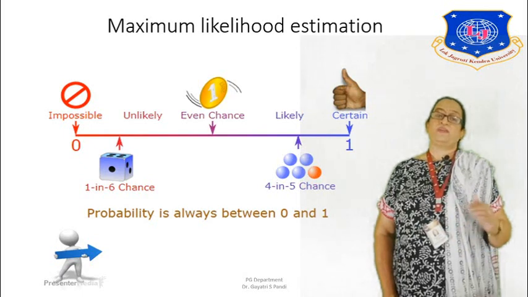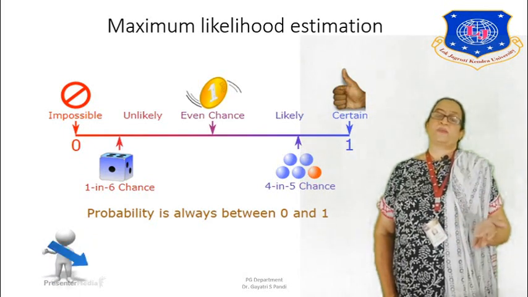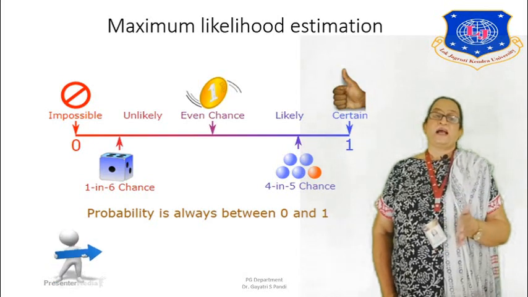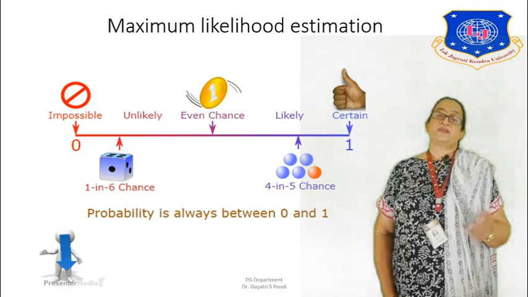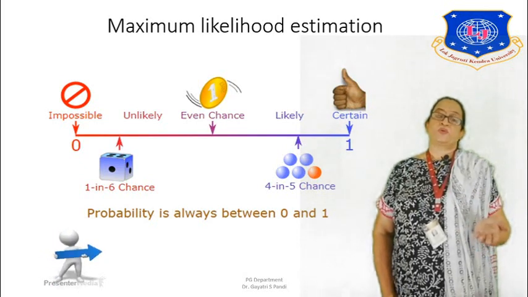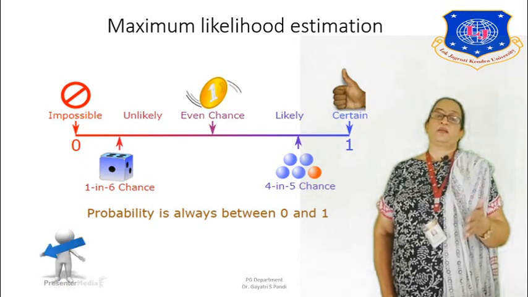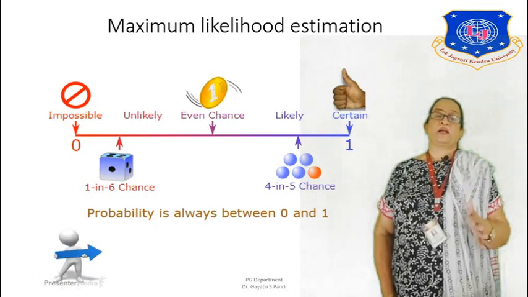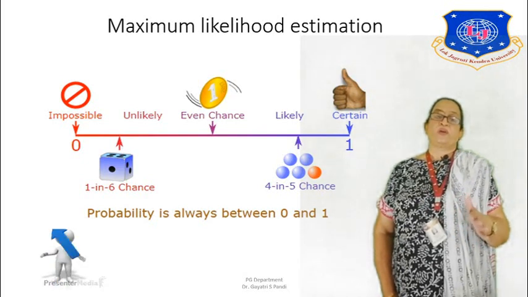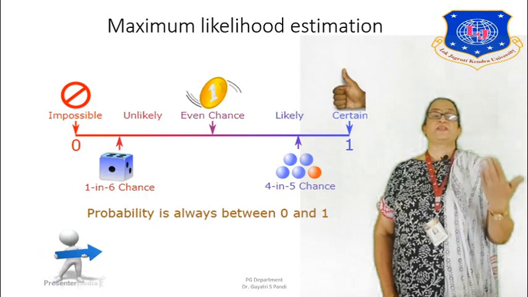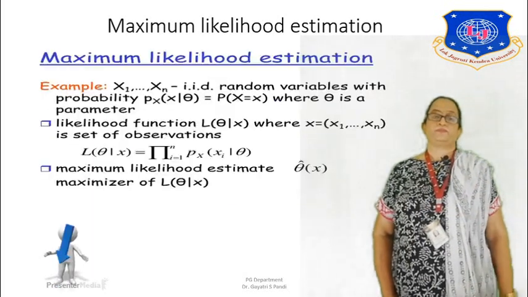For example, with a dice, getting a 1 is 1 out of 6 because there are 6 possibilities. An even chance could be flipping a coin, which has 2 binary outcomes, so it's considered even. Another example is having 4 blue balls and 1 red ball, and getting blue is a 4 in 5 chance. So these are certain representations for probability, which is always between 0 and 1.